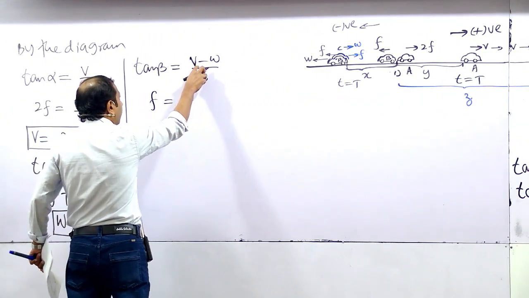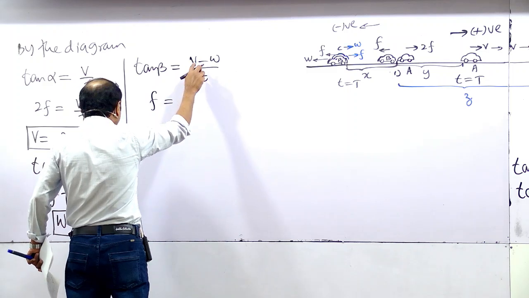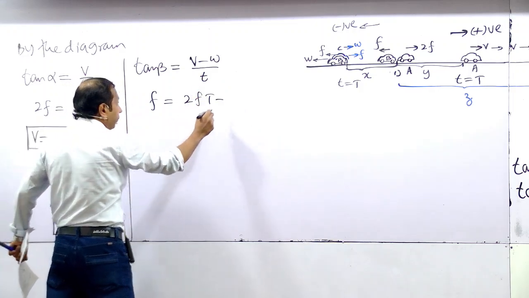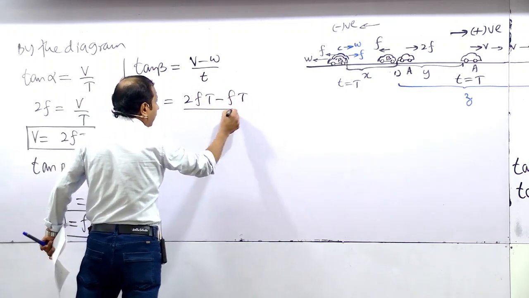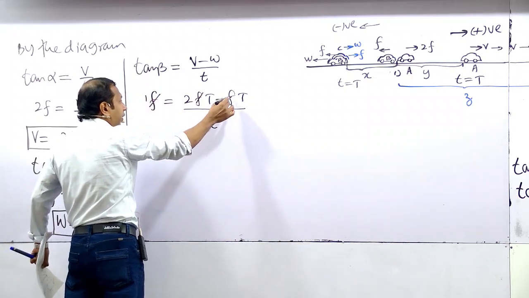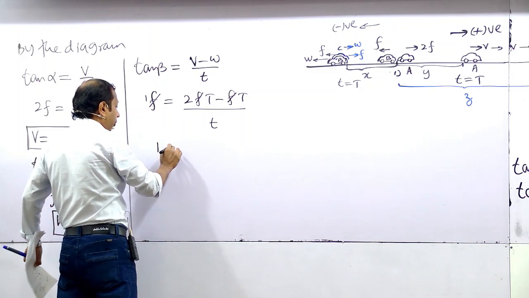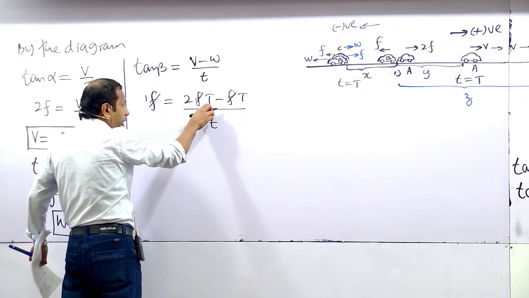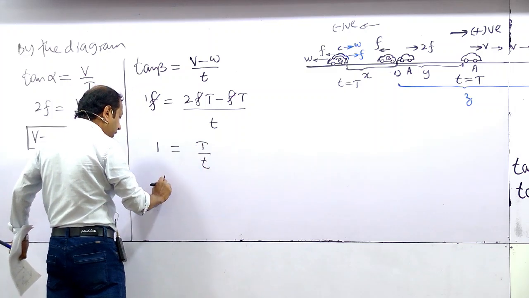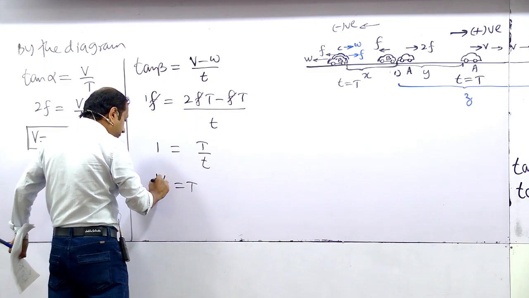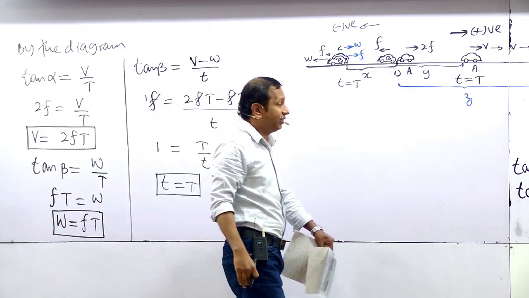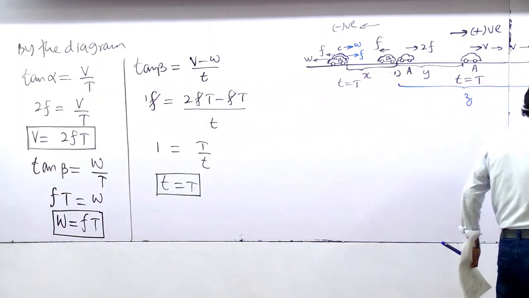We know this V is 2fT, we know this W is fT, divided by T. The f letter left and right you can cancel down. Here we have 1. Then here 2T minus T, it's capital T divided by T. Bring this here, T equals T. Okay, right, this is T again.